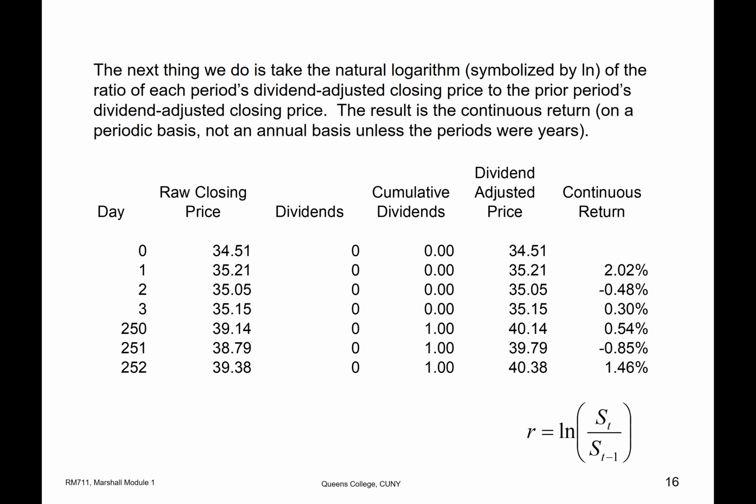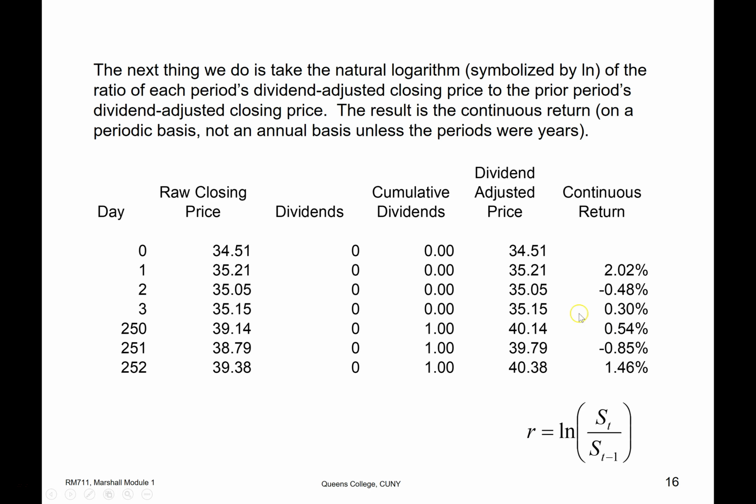The next thing you'd want to do to calculate the continuously compounded return is take the natural log, the ln function in Excel, of the ending stock price, the ending adjusted price, over the beginning stock price.